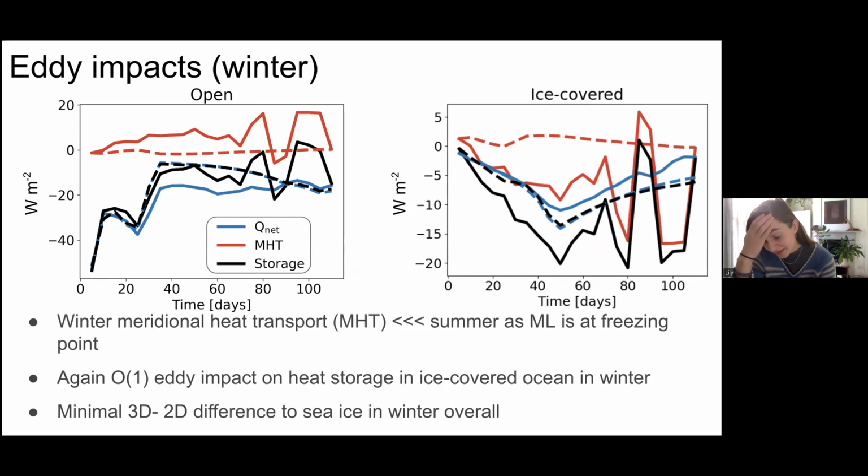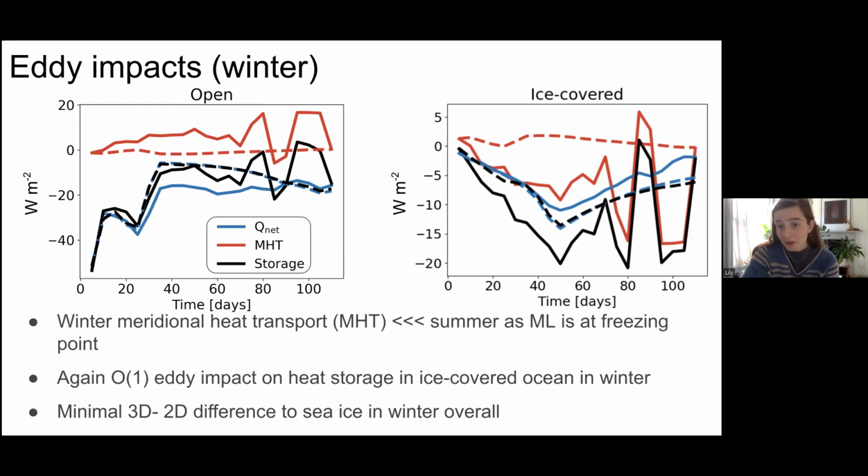But as I've said, because both regions are at freezing point, the heat budget effects are smaller in winter because there's not as much heat transport or meridional heat transport that takes place, for example, because of those temperatures, whereas freshwater transport, salinity transport would be higher.